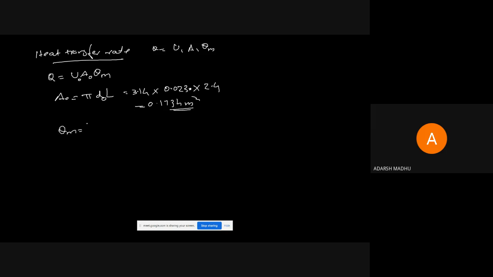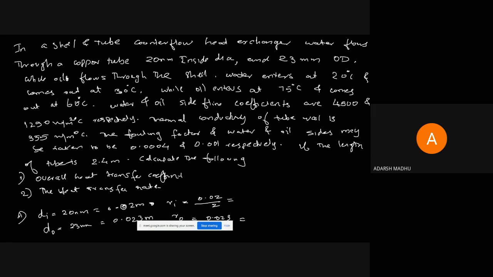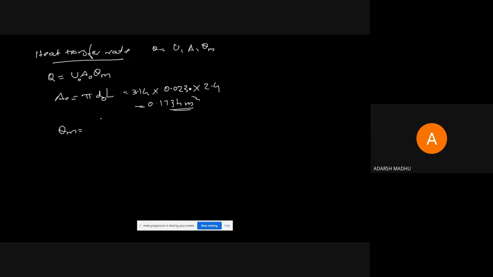What is the equation for theta m? Theta m means LMTD. The LMTD equation for a counterflow heat exchanger is theta m equal to theta 1 minus theta 2 divided by ln theta 1 by theta 2, or theta 2 minus theta 1 divided by ln theta 2 by theta 1.